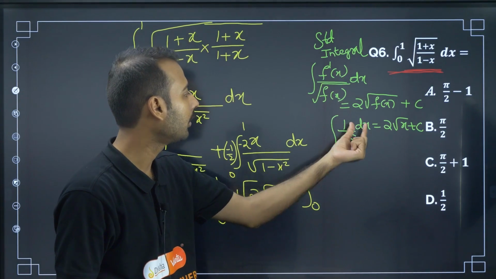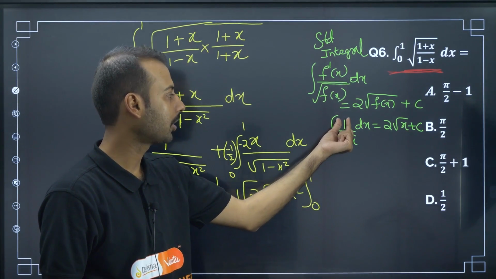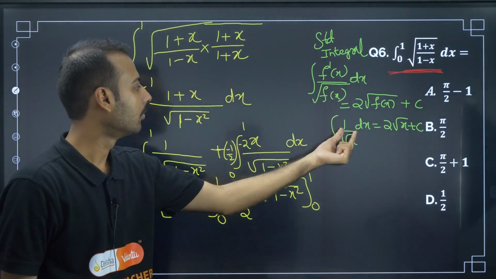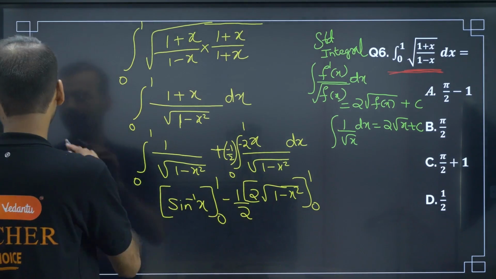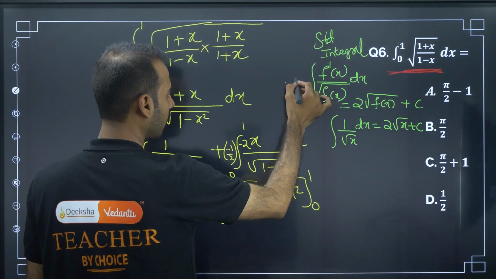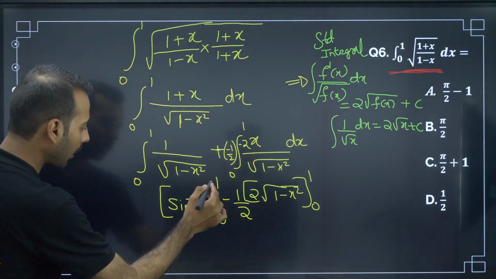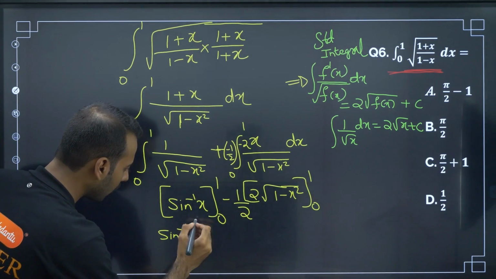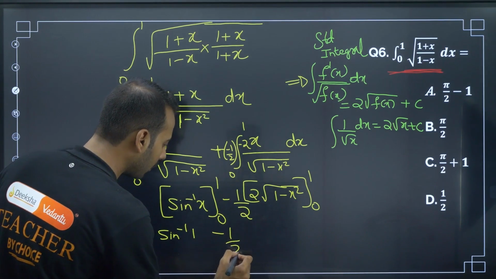Now you relate this and this, integration of x raised to -1/2, you keep this in numerator. So -1/2 this. From this I am writing like this, integration of this. So sine inverse 1 minus sine inverse 0, and then -1/2.